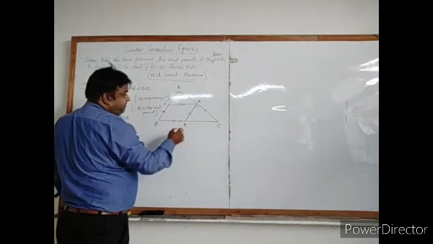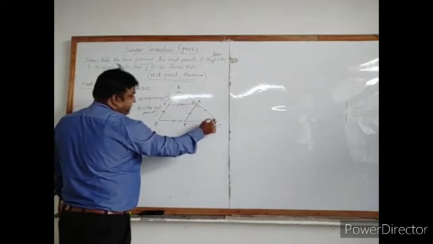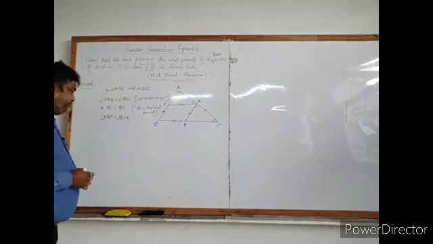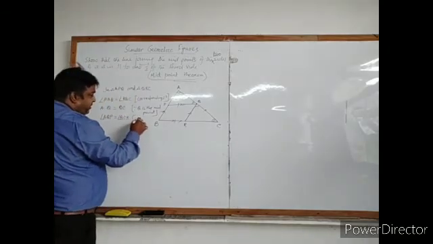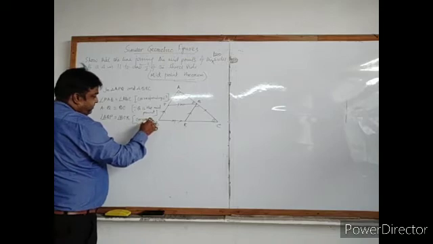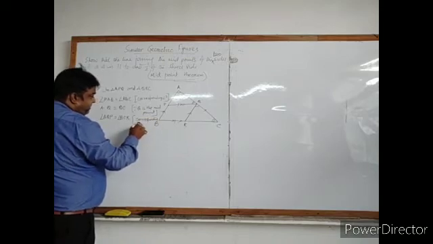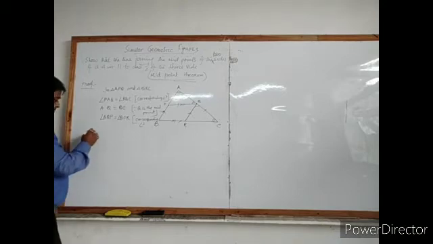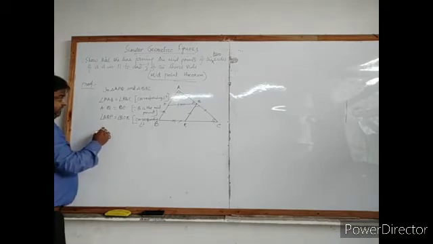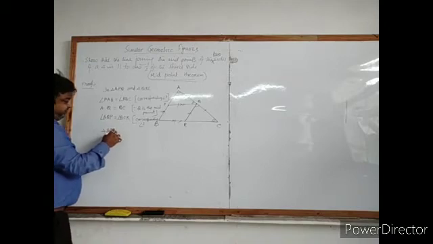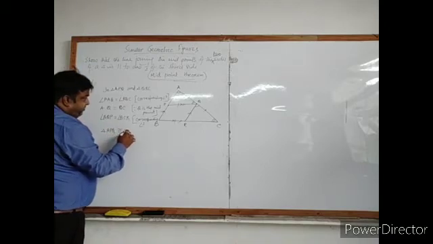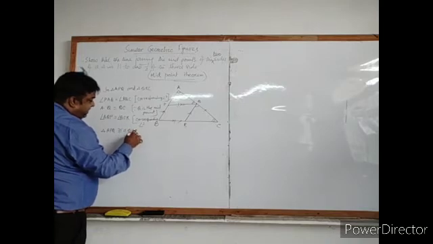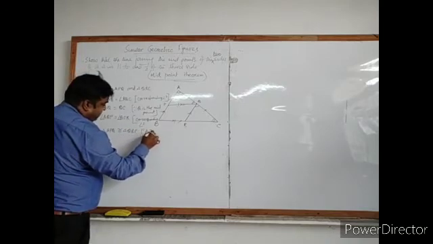So this angle and this angle are corresponding angles. So what criteria are we getting here for the congruency? Yes, angle by angle. Therefore, triangle APQ congruent to triangle QRC, by angle by angle criteria.